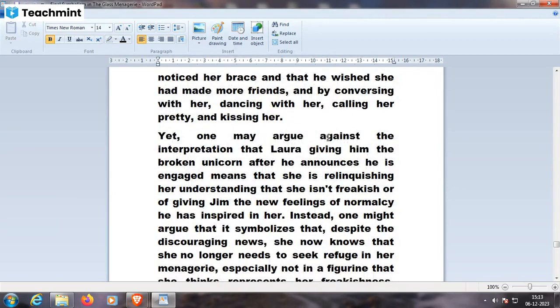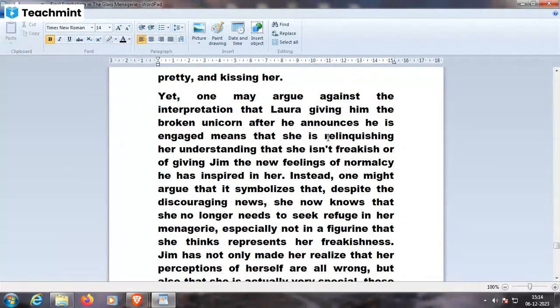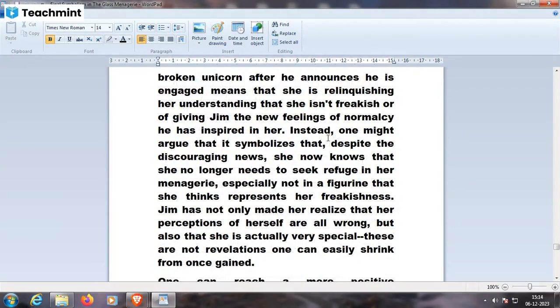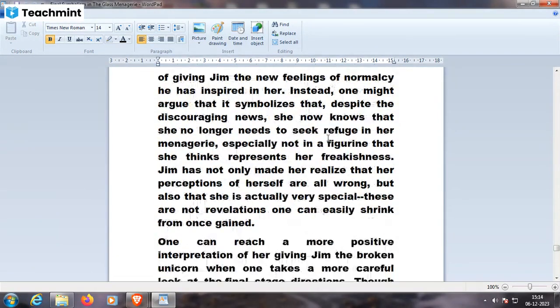Instead, one might argue that it symbolizes that despite the discouraging news, she now knows she no longer needs to seek refuge in a menagerie, especially not in a figurine she thinks represents her freakishness. Jim has not only made her realize that her perceptions of herself are wrong, but also made her see that she's actually special. These are not revelations one can easily shrink from.